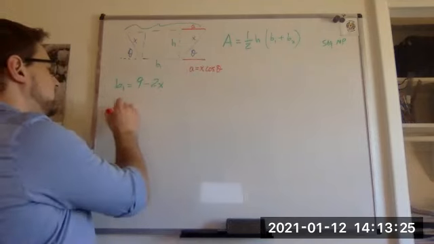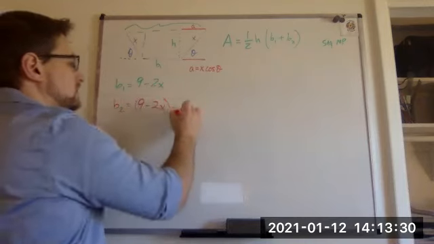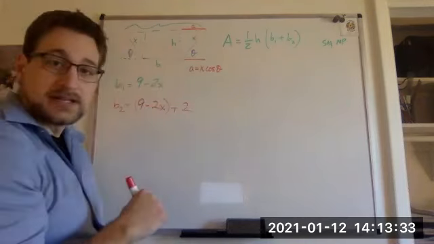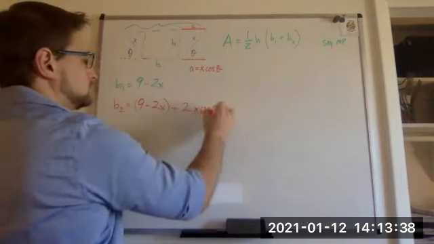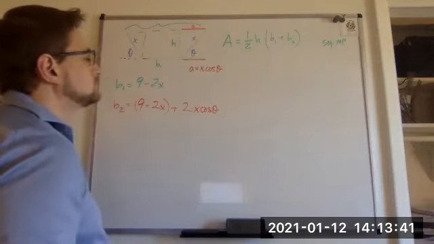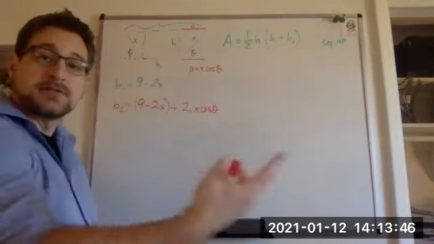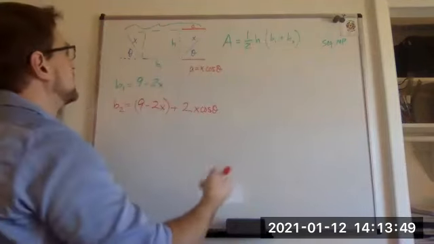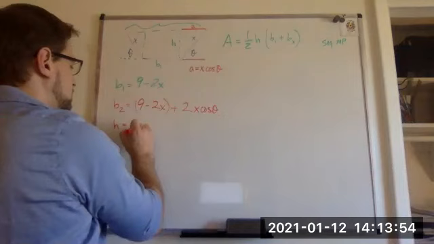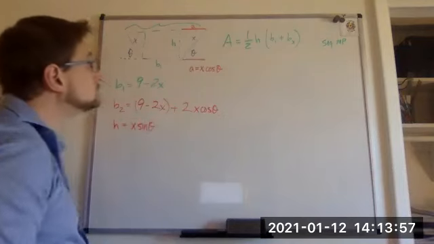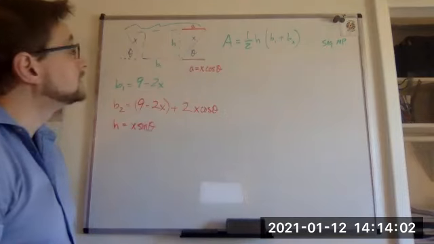So then the second base is the first one plus these two legs of right triangles. Base 1, base 2, we also need h in terms of the two variables of interest, x and theta. But I think that's the other trig function.